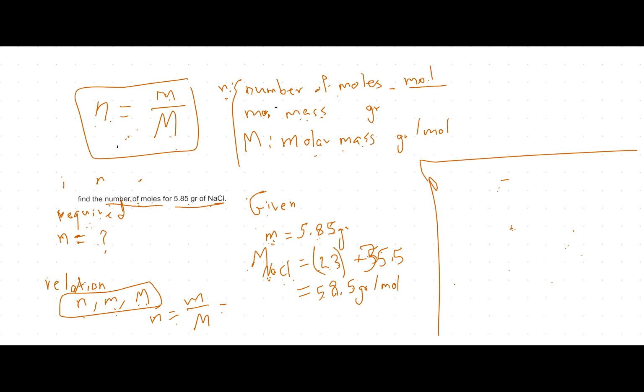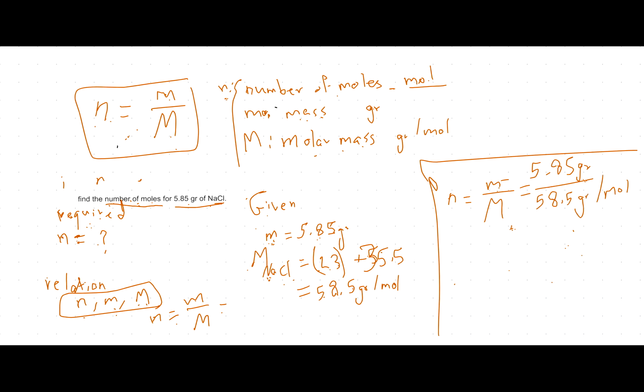So n equals m over molar mass. The mass is given, 5.85 gram. It's in gram. The unit is very important. And the molar mass is 58.5 gram per mole. Okay, do you see? So we cancel.